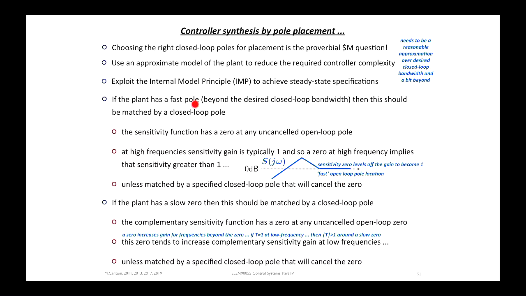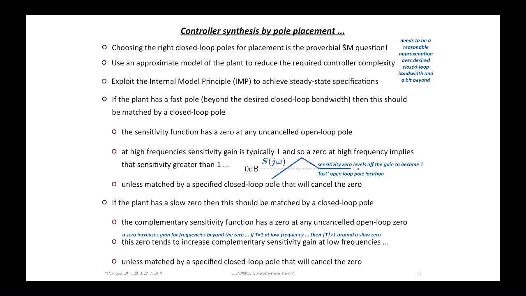So when the 0 that the sensitivity function inherits from the plant having a fast pole kicks it up, makes it 1, and if that's happening, it's suggesting that the sensitivity function must be peaking up before it gets to 1. So to avoid that, you can make sure that there's a closed loop pole at the location of the 0 that's pulling this up to make it flat, so that you don't get this peaking. And a similar thing when the plant has a slow 0, then you know that the complementary sensitivity function will have a slow 0.